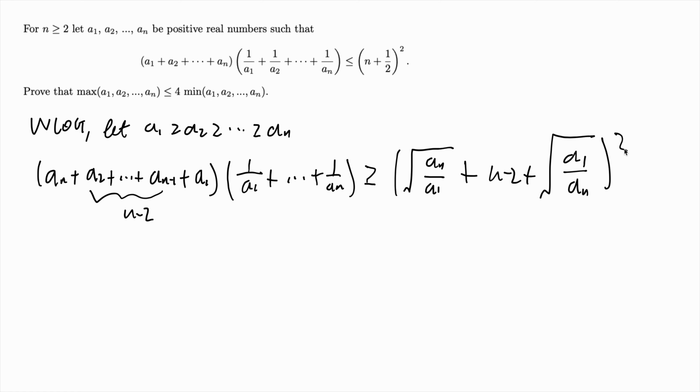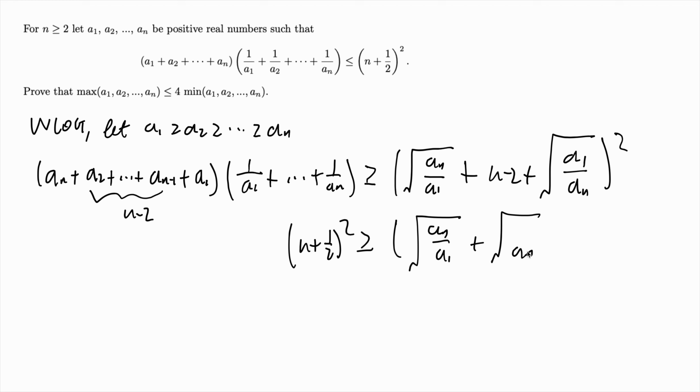and then square. And notice that because this thing is less than or equal to this whole thing, we can write this. This is true, plus n minus 2 squared.